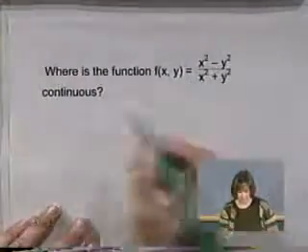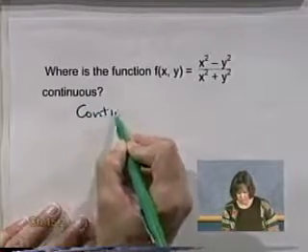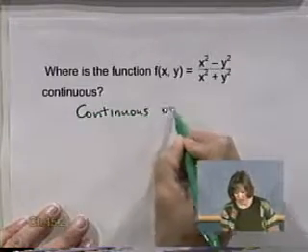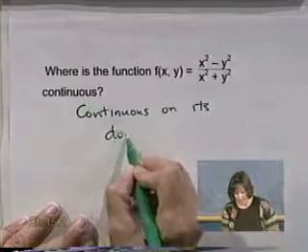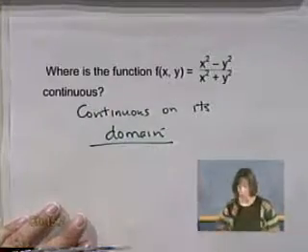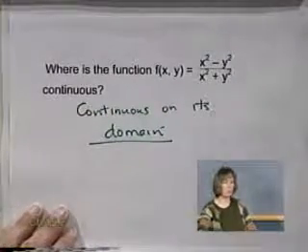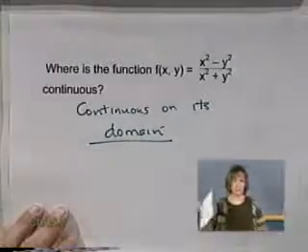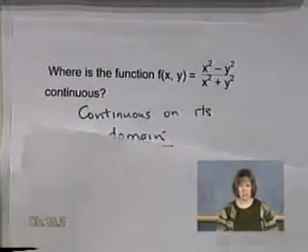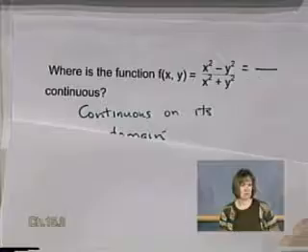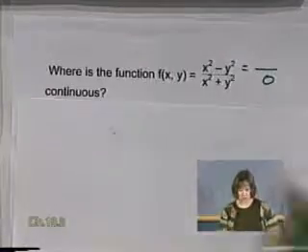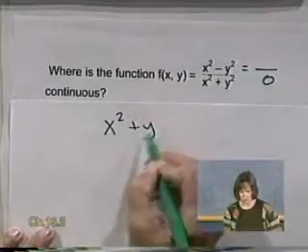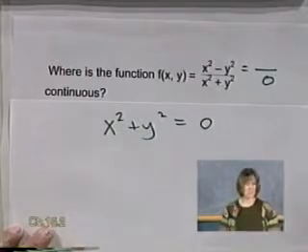This function is continuous on its domain. So all you have to do is come up with what its domain is. With rational, what's your only no-no? You can't have 0 in the denominator. So we can't have x² + y² equal to 0.